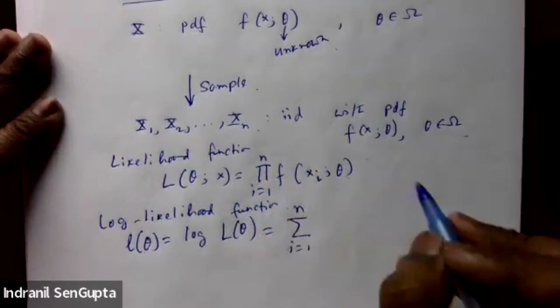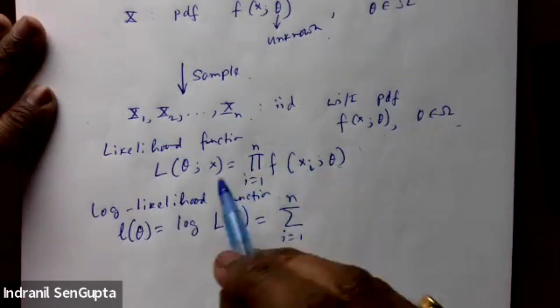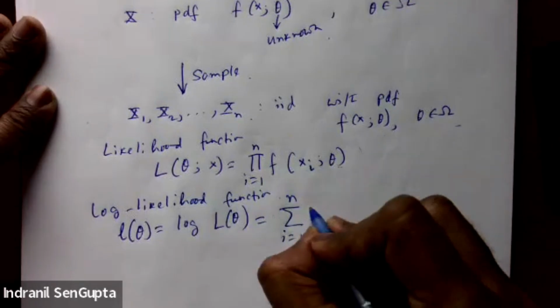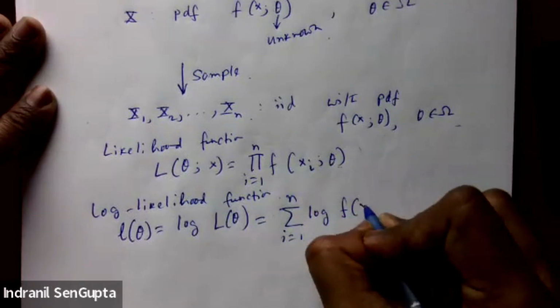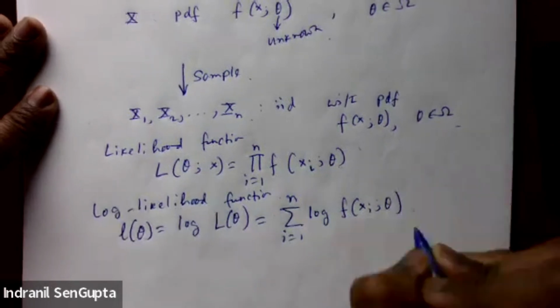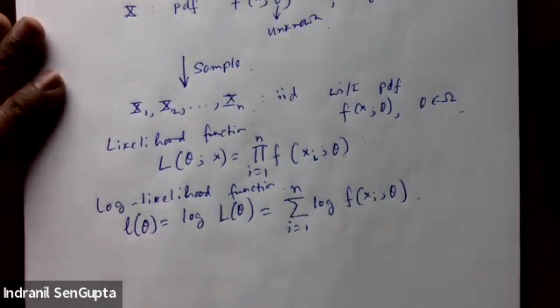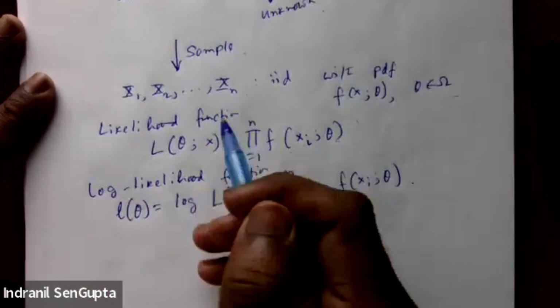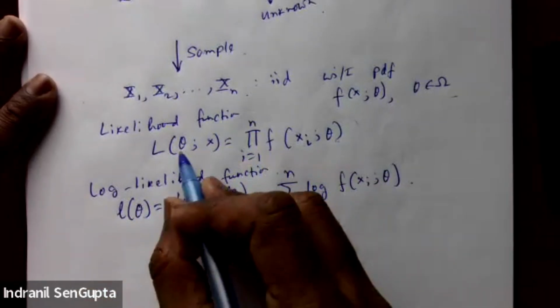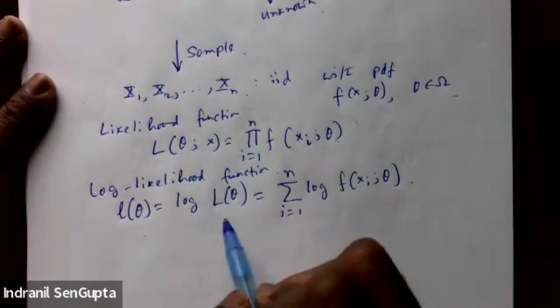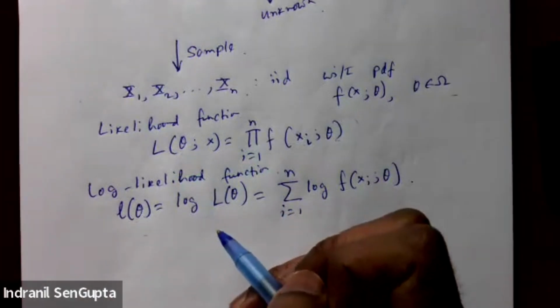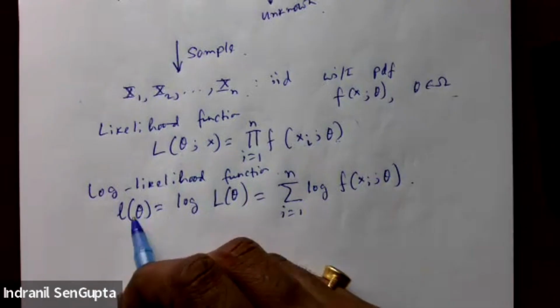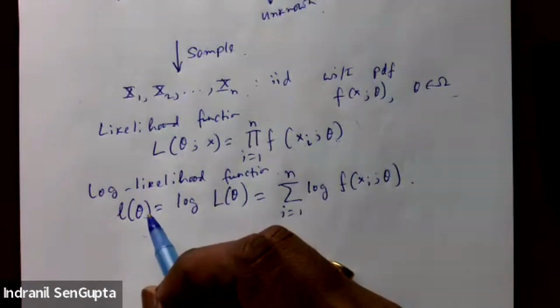If I have a product and take the log, it becomes a summation of log f(xi; theta). That is the log likelihood that we discussed before. You can always insert the x here, but I'm just writing this in terms of theta, because that is the unknown parameter. How did we find this theta? We maximize this thing.